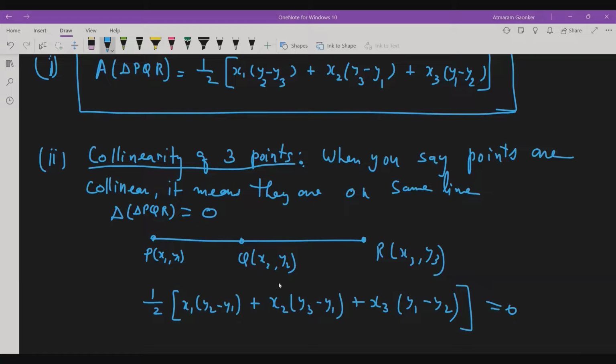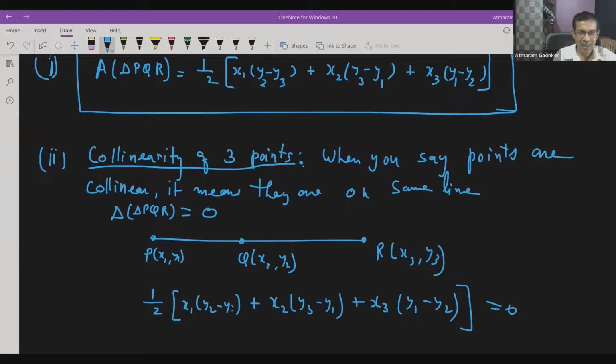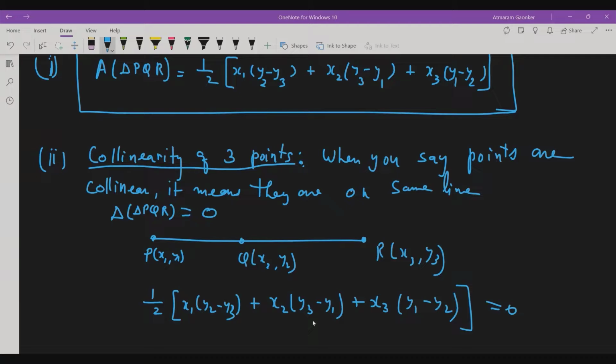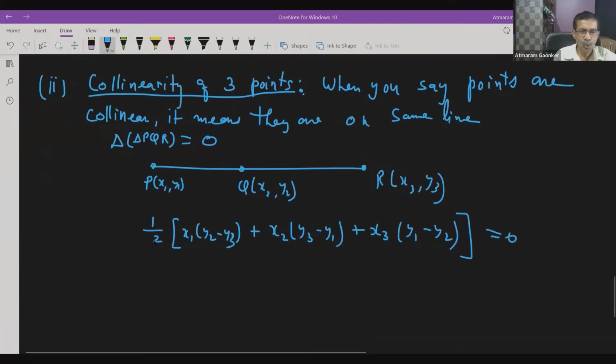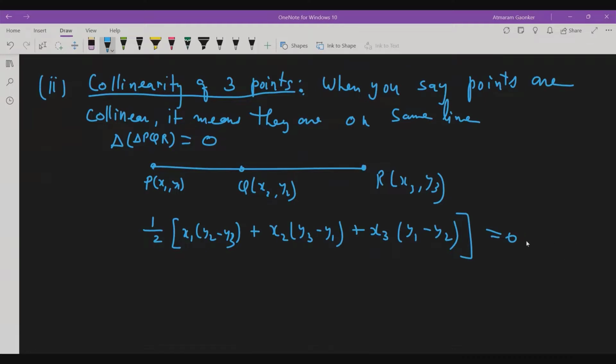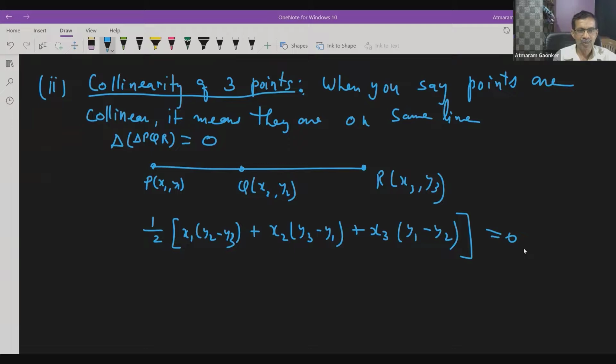Sir, we have to remove the signature of half, no, sir? Yes, then if these two you cross multiply, it will go towards the right hand side. Right. Perfect.